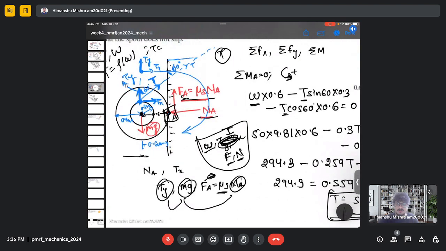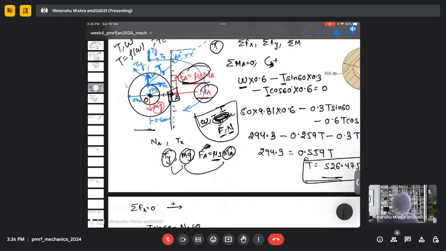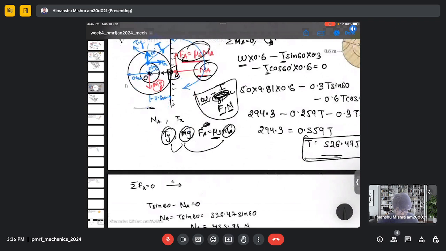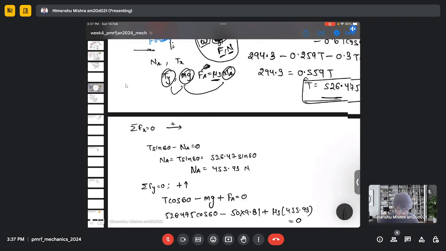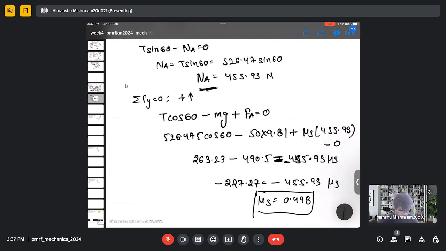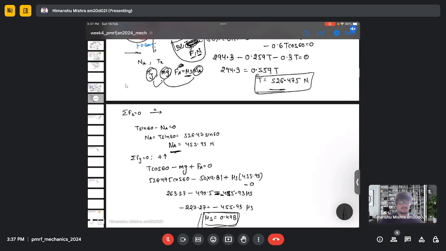If we take a moment at the center, then the moment will be created by this friction force as well as the normal reaction. Then we did the force balance analysis in the vertical and horizontal direction, where we balance all the horizontal as well as vertical forces. So it gives the details about other forces like the normal reaction as well as the friction force. So by doing this, we calculated the coefficient of friction. So it's just a similar procedure doing the force and moment balance analysis.